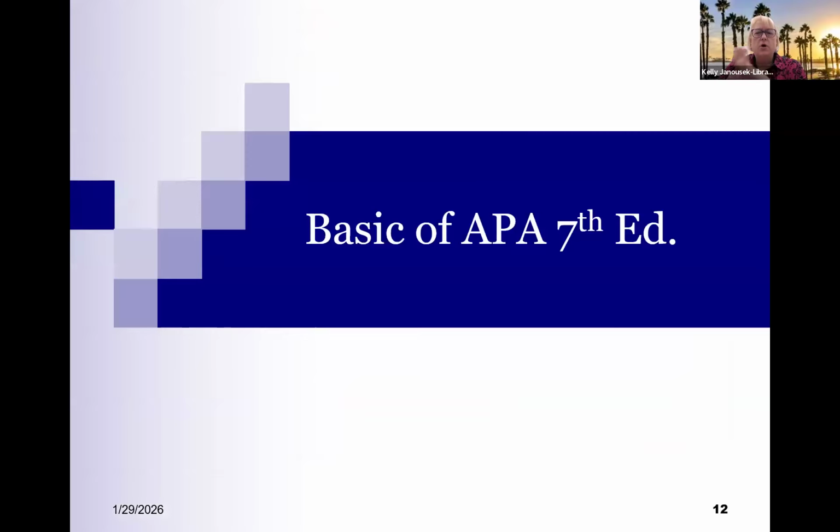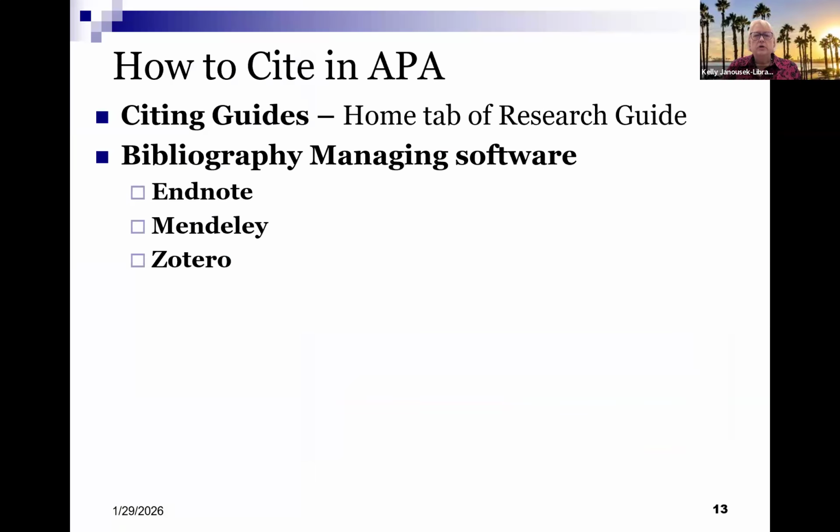Okay. Let's go over the basics of APA because I showed you how all the databases allow you to download the citation. You can download them and put them in EndNote, Mendeley, Zotero. Both Mendeley and Zotero are attached to web browsers.